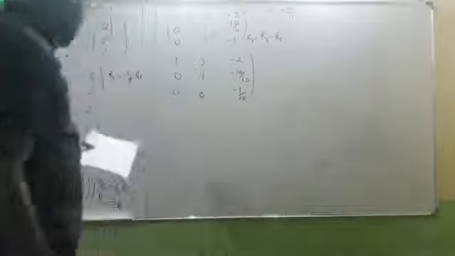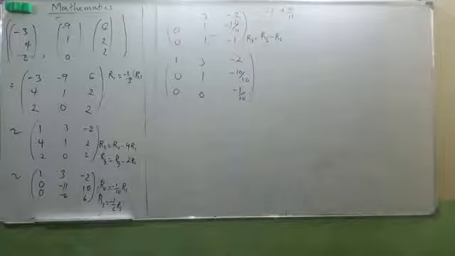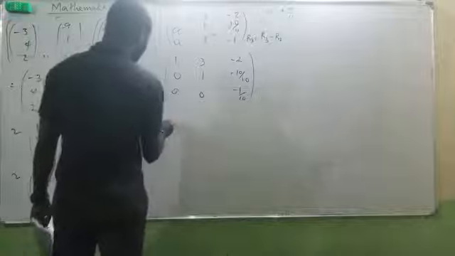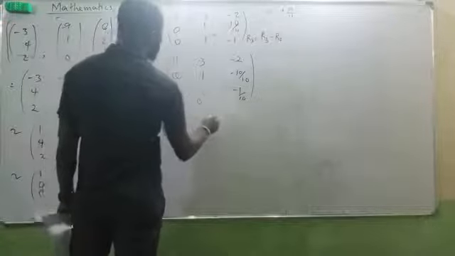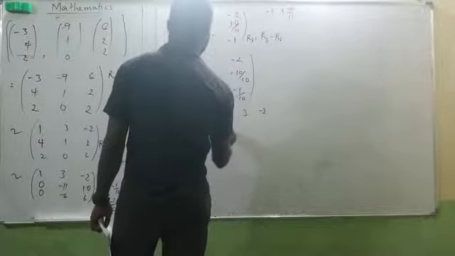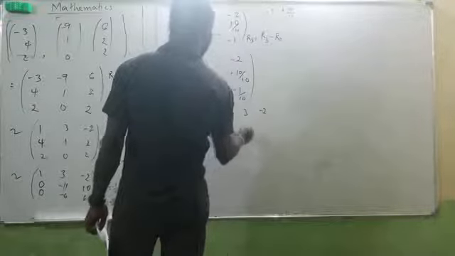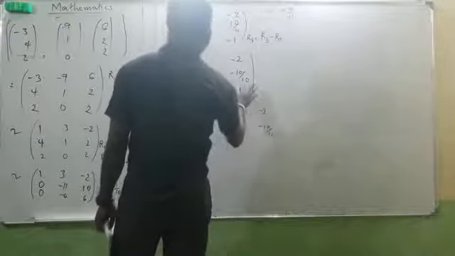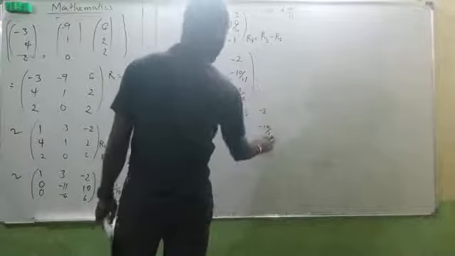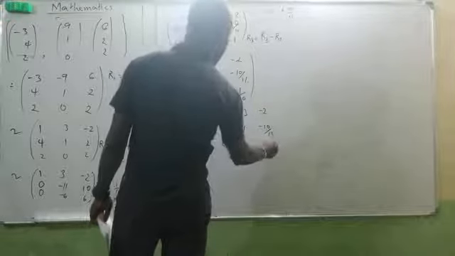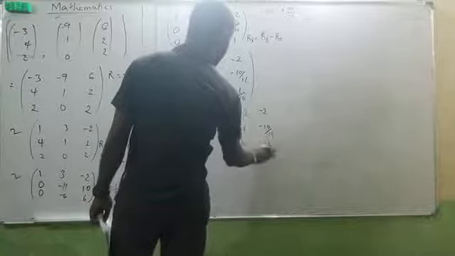Now, this is where I'm going to. When I have something like this, it means my basis will be equal to what I'm having here: 1, 3, -2, then 0, 1, -10/11, and 0, 0, -1/11.